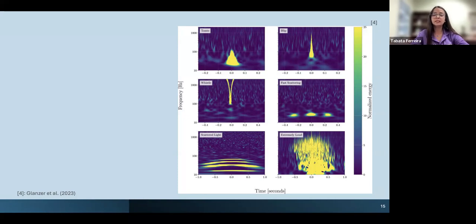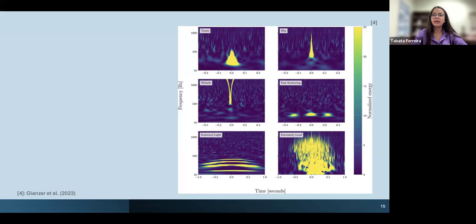Usually, people realized that some glitches, some noise transients, appear many times in the detector. Then they realized that by looking at the morphology of the glitches, we could start to create some classes for glitches. And this is what we do.